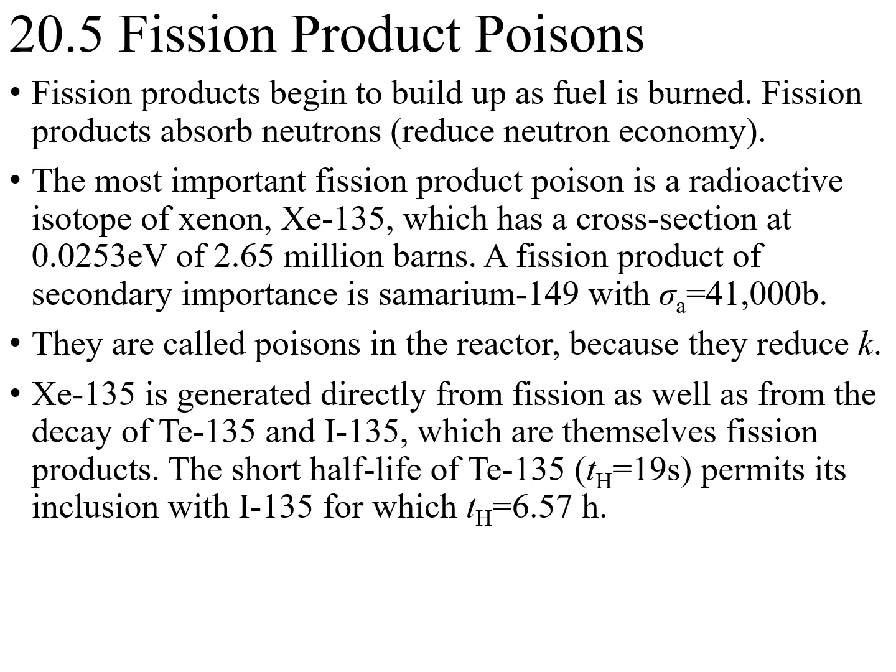This xenon-135 is generated directly from the fission, as well as from the decay of Te-135 and also I-135. That means the fission reaction can produce xenon-135 directly, and some other fission product decay can also produce this xenon-135.